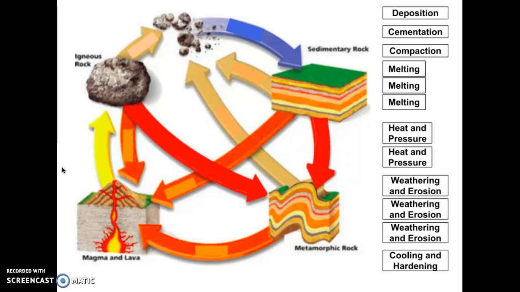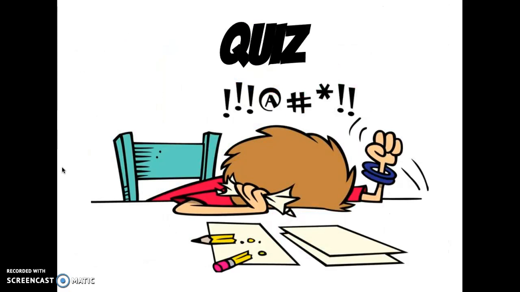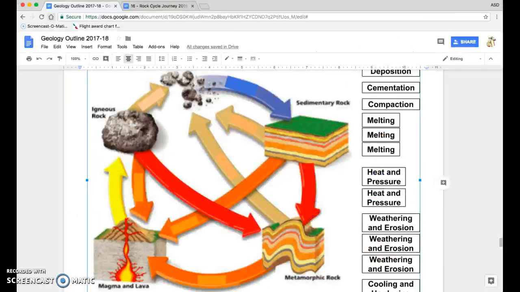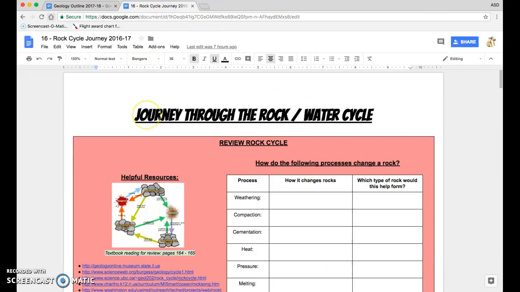All right, before we go any further, there is a quiz that you are going to be taking. It is going to be posted in your email. Mr. Sorbetti is going to email out the link to the quiz itself. You can fill it out. There are 20 multiple choice questions. Do your best on it. If you get done early, you can just start reading through the second document that we have, the Rock Cycle Journey.